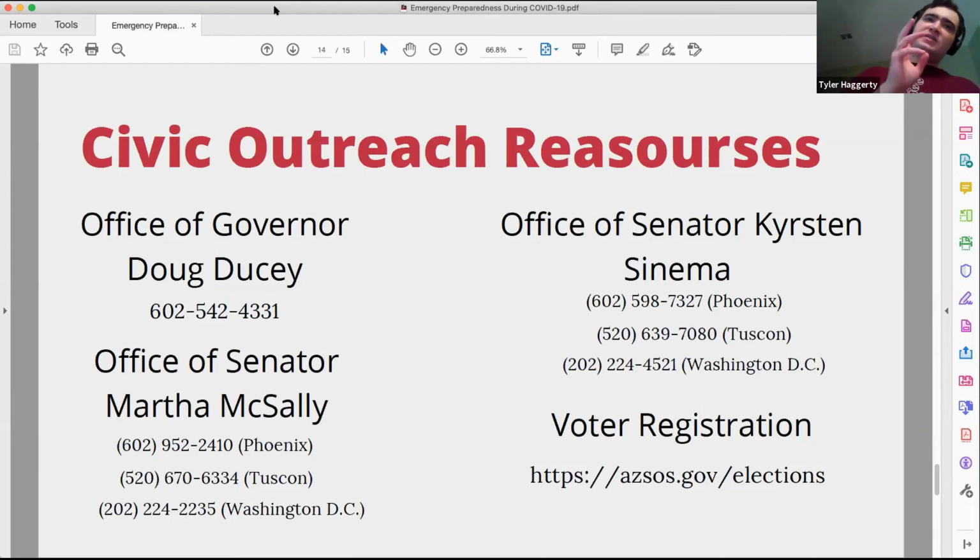On this page, I have the phone number for the office of Governor Doug Ducey, the phone numbers for the various offices of Senators Martha McSally and Kirsten Sinema, and a link to the Arizona Secretary of State Katie Hobbs' website, where you can register to vote.